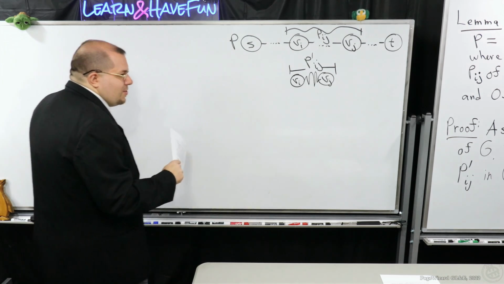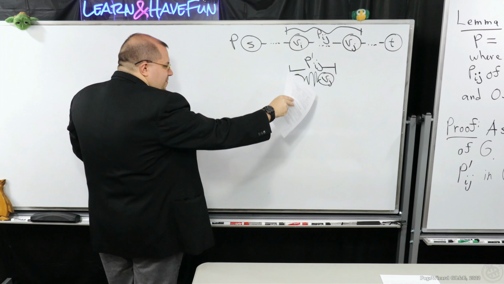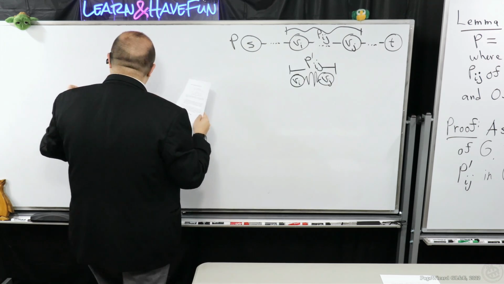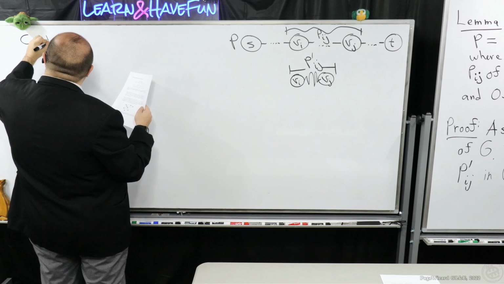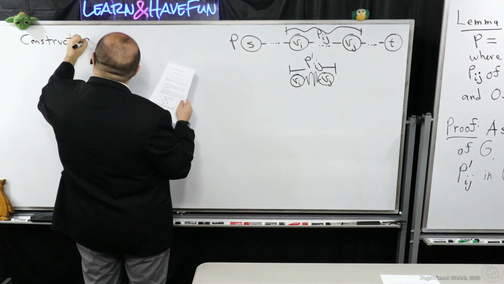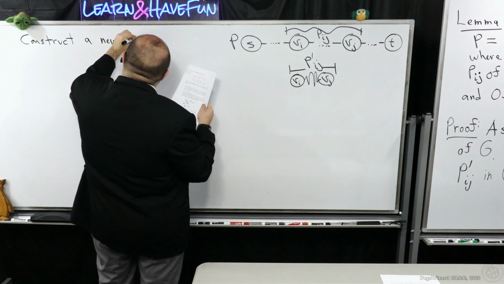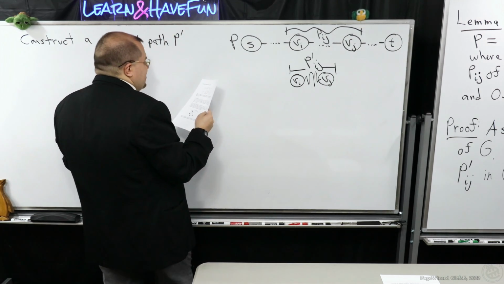Let me just start us off. We already have this Vi and Vj here. So I'm going to suggest that we construct a new ST path, P prime. So this is why I wanted P prime.